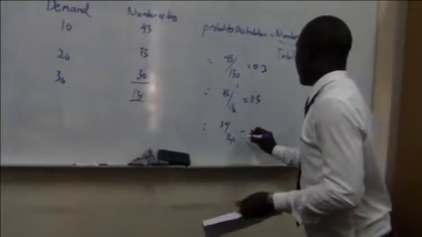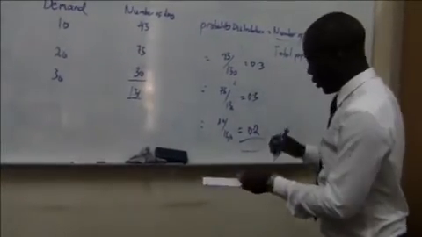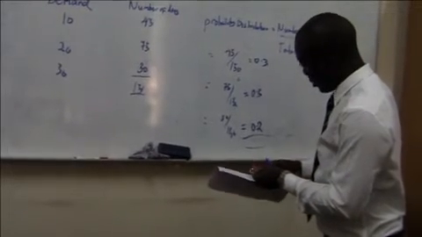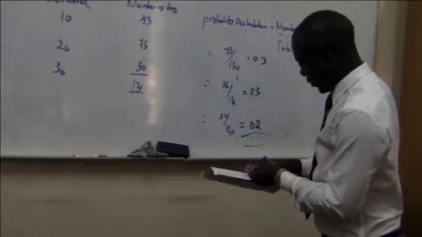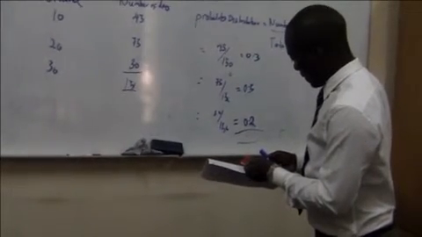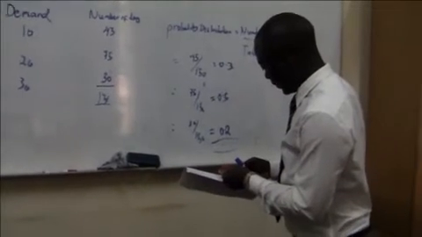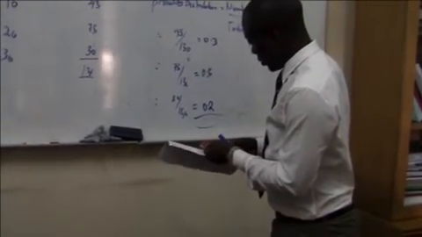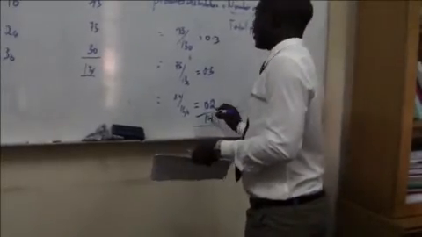As I mentioned earlier, this must all sum up to 1. So 0.3 up there plus 0.5 plus 0.2 gives me my 1.